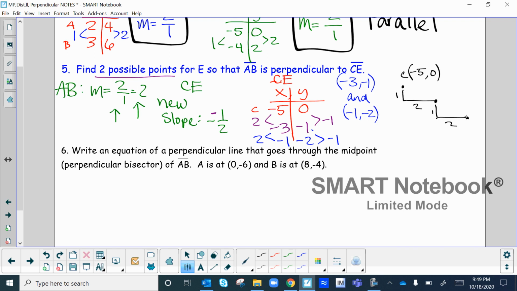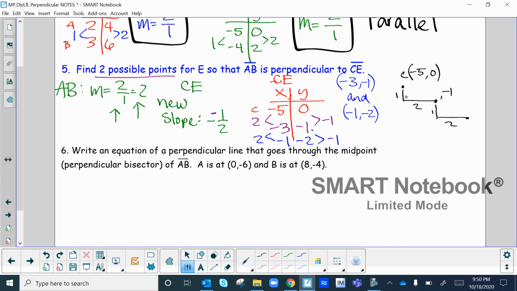And so to think of that right there, if I'm going to go down 1 from -5, 0, well, down 1 is associated to the y. So if I'm going to go down 1, then that means my new y is going to be -1. And if I'm going to go to the right, well, think of the x. Well, I'm sorry, 2 to the right.